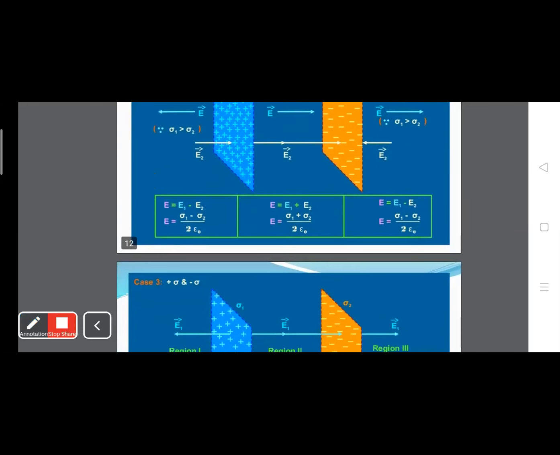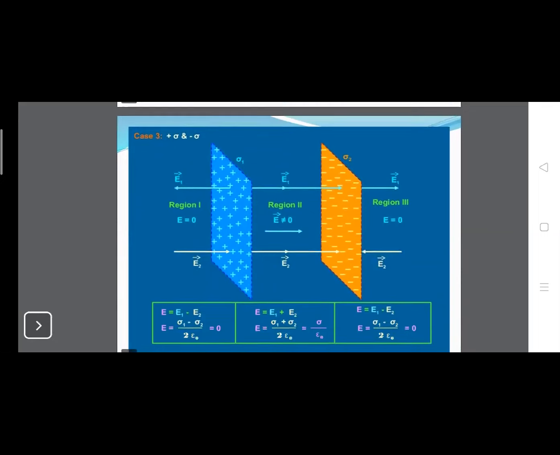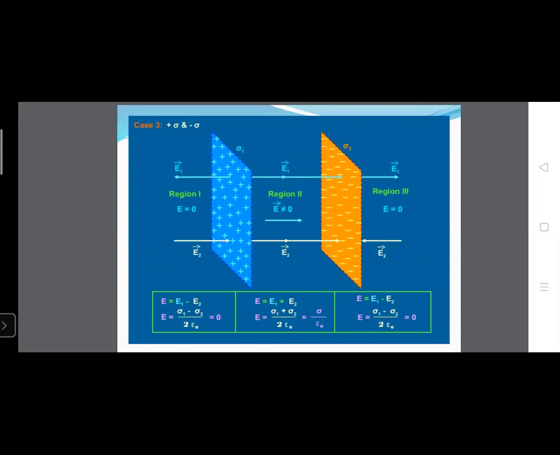And the third case of this derivation is when the surface charge densities of both plates are the same. Clear? Which we call sigma. Sigma is the surface charge density of the positive plate and minus sigma is the surface charge density of the negative plate. These two plates are kept some distance apart as before.